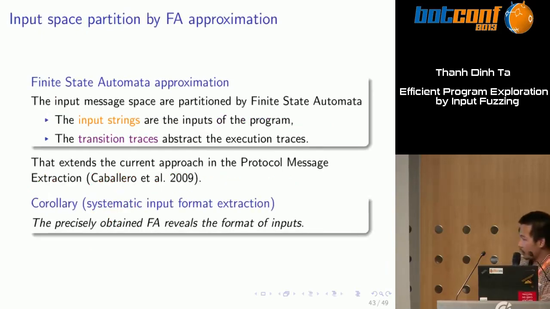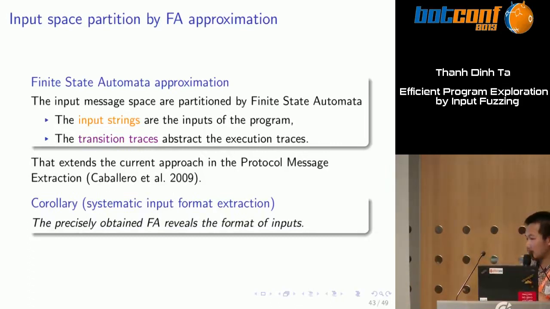And next we can use finite state automata to approximate the input message partition. The main idea is we abstract the traces of the program with the transition states of the automaton.